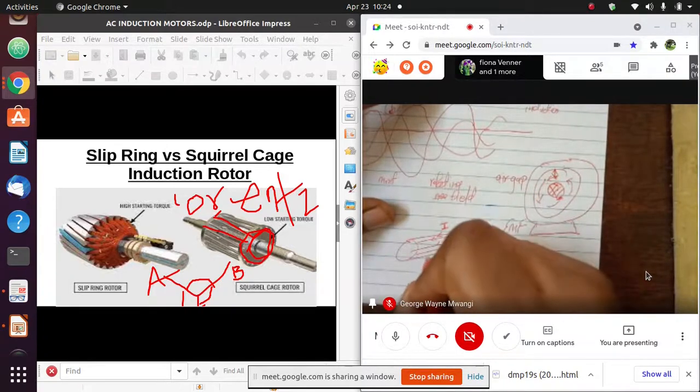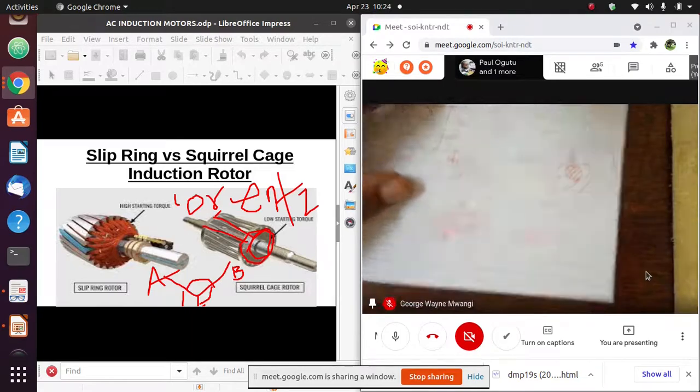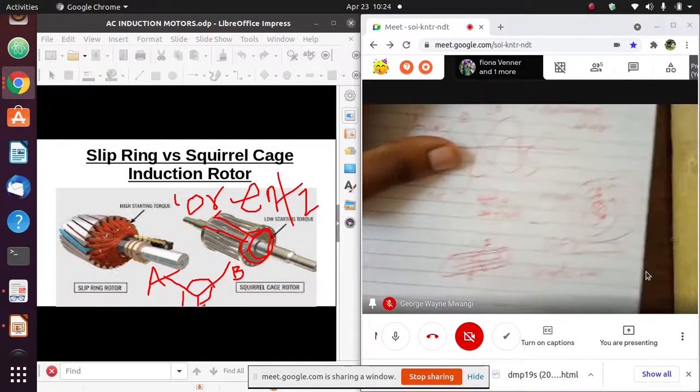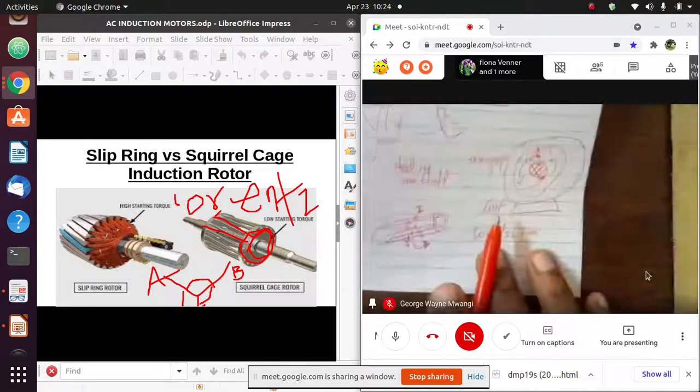This conductor will experience a force in that direction, this conductor will experience a force, and so on. So these collective forces will make our rotor rotate, and it will follow the direction of the rotating magnetic field in the air gap. Are we together? Now that is the principle of operation of a squirrel cage.